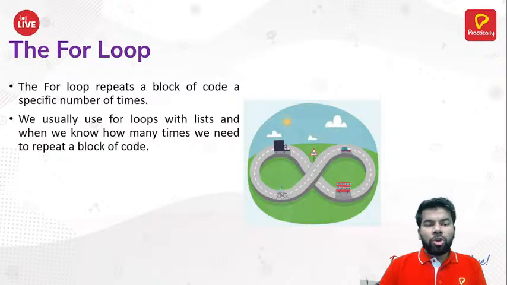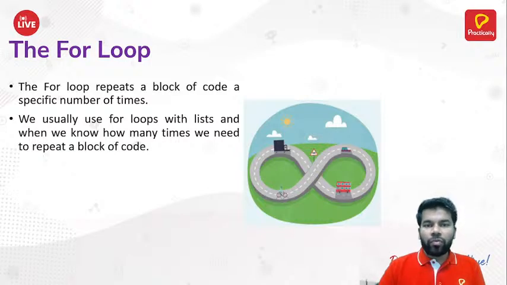A for loop tells a block of code how many times it is going to be executed. This is the work of the for loop. Suppose I want to print welcome to practically 10 times, and I know the number of times. If I know how many times I want to do a particular task, then we can use the for loop.